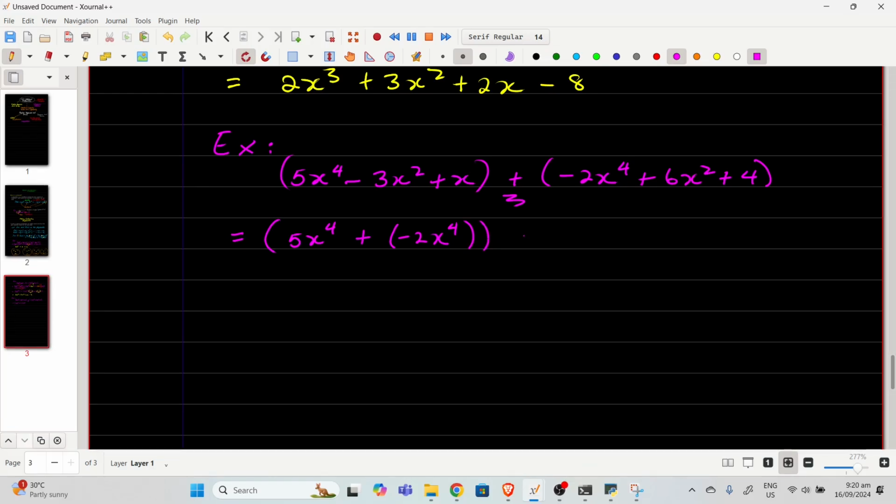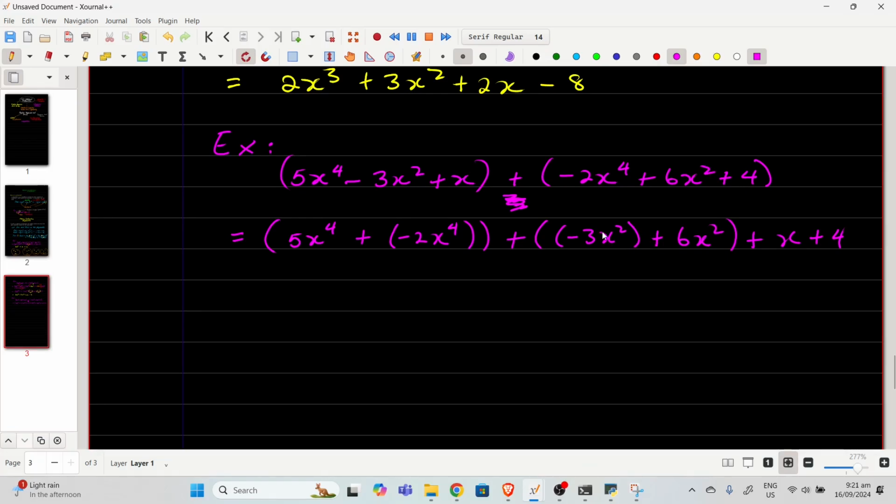Close brackets there. Then we have an addition sign, and then the next things that we have to group together, it's a negative 3x squared, close the bracket, and then we're adding, again, that's the operator that we're doing, adding, this is 6x squared, don't need anything else there, and then we have a positive x and we have a positive 4, and I'm just going to put this back because we don't have anything common on both sides of it for the x, and we don't have anything common on both sides of it for the constant.